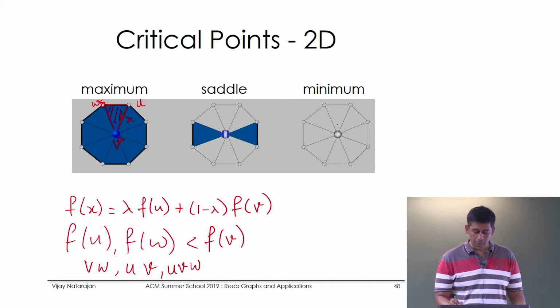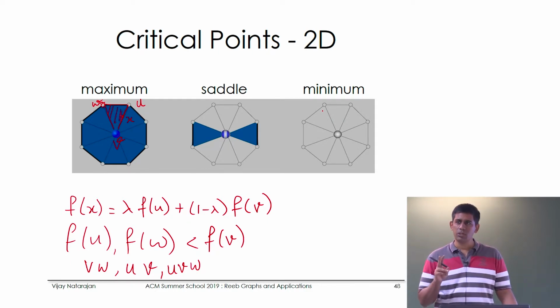The same holds for minimum. I look at all my neighbors, check if they are all above me, and if yes, then I declare myself as the minimum. Okay, fine. But let's look at the same thing again, different viewpoint of the same idea, right.